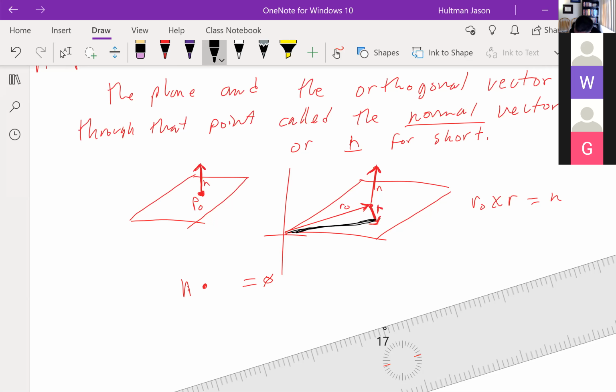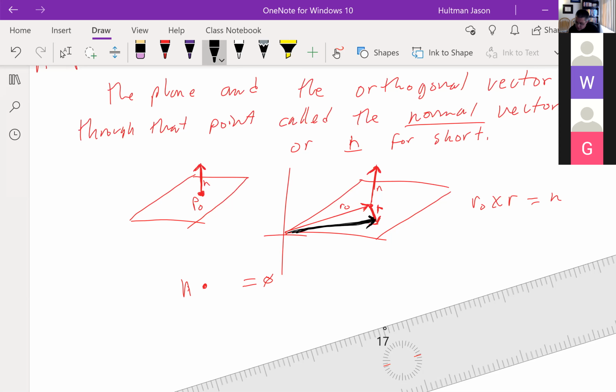Anybody know what that vector is? Any ideas? In terms of R naught and R, what would that vector be? R naught plus R? No. Is it R minus R naught?